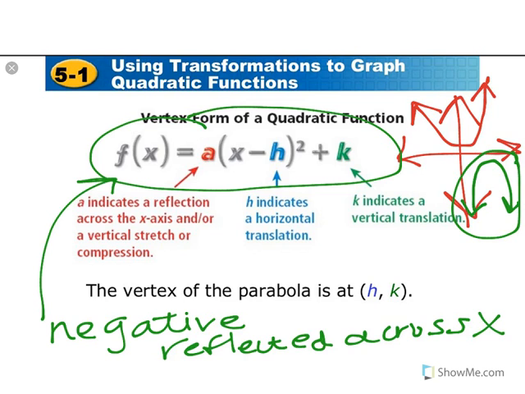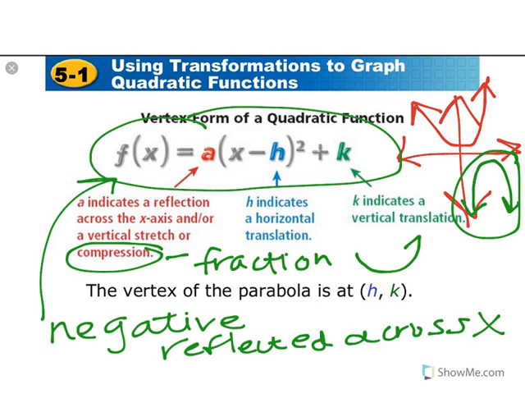Also, if A is a fraction, then that means that it's compressed, so it gets wider. Compressed means it's kind of like a fat parabola. And if it's vertically stretched, that means that it's a number greater than 1, and that means that it's skinnier. So it looks like a skinny parabola.